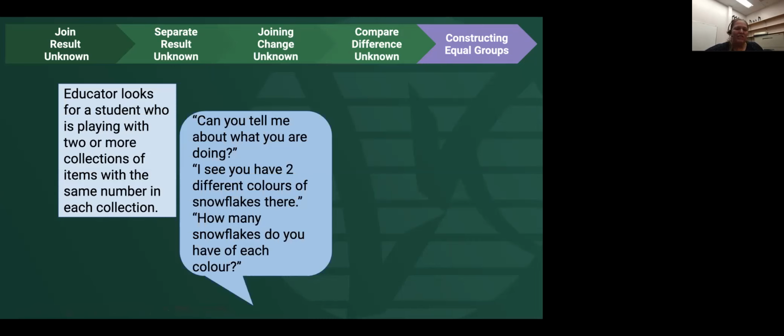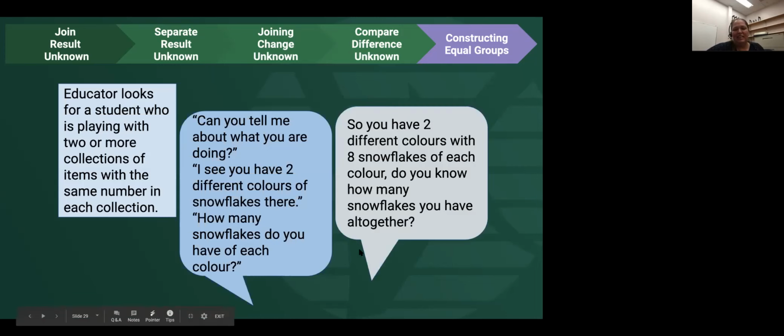And then how many snowflakes do you have of each of those colors? Or you could have them count them separately. Do you have two different colors with 8 snowflakes of each color? Do you know how many snowflakes you have all together? So asking that sort of multiplicative question at the end, with the 2 groups and the how many of each, is kind of the wording we're going for.